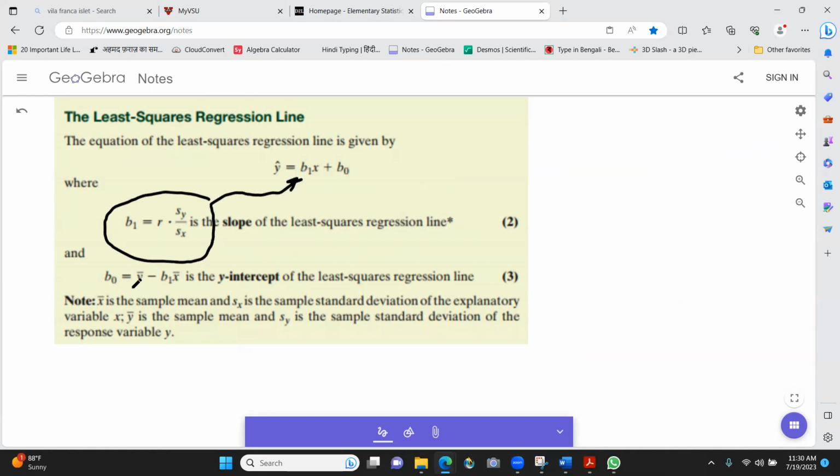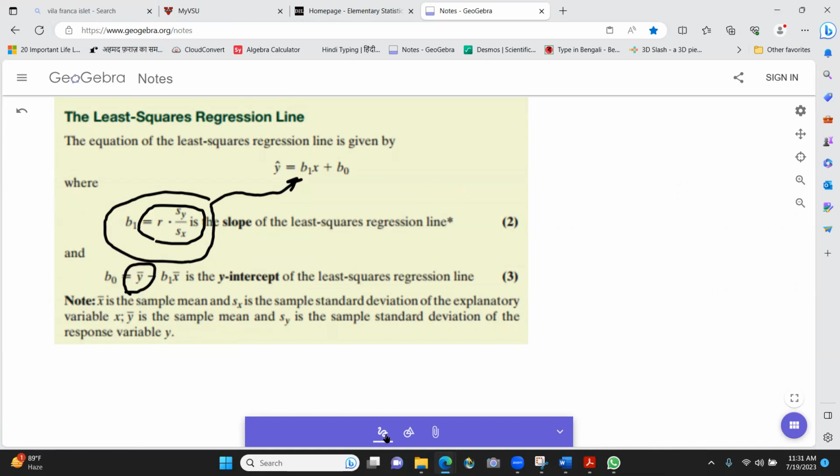The y-intercept is the mean of the y variables minus b1, this slope, times x bar. We have learned how to find sx, sy, x bar, y bar, and r. If you know these 5 items, you can find the slope using the top formula, and you can find the y-intercept using this formula. Once you have those two, you have your line, you can do whatever you want with it. Most of the questions I have assigned, basically they'll ask you to find the equation of your line.